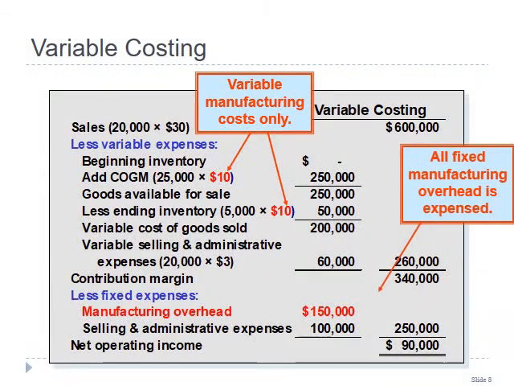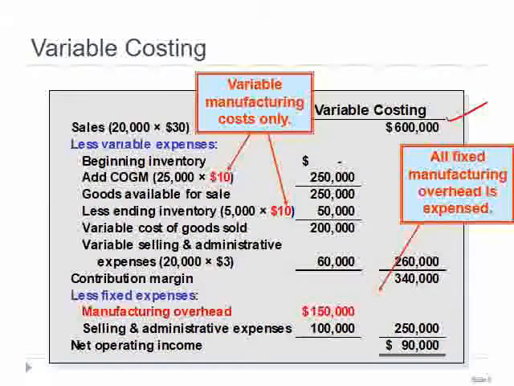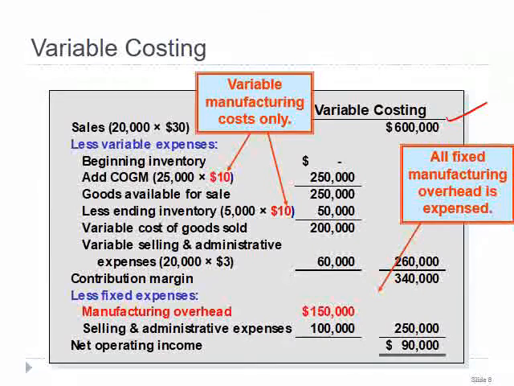We know that the sales is the same because the sales amount is not disturbed by whatever the costing method is. So the variable costing income statement uses the contribution margin format: sales minus variable cost, and then at the end fixed cost, and the answer is net operating income.